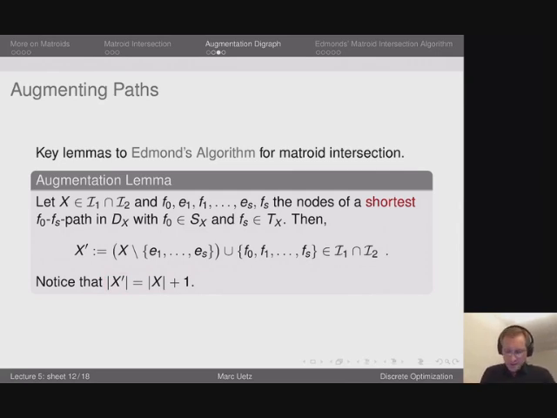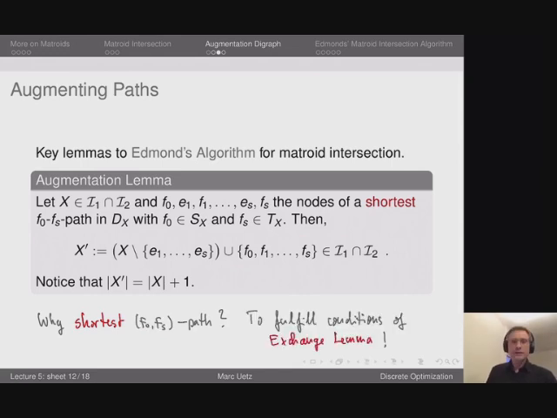But now, why did I say that I pick a shortest path from this node F0 to the node Fs? I didn't say anything about shortest paths before. So that's the question. Why do I pick a shortest path from the set Sx to Tx? And the reason is to fulfill the conditions of the earlier exchange lemma that we had in the beginning of the lecture.